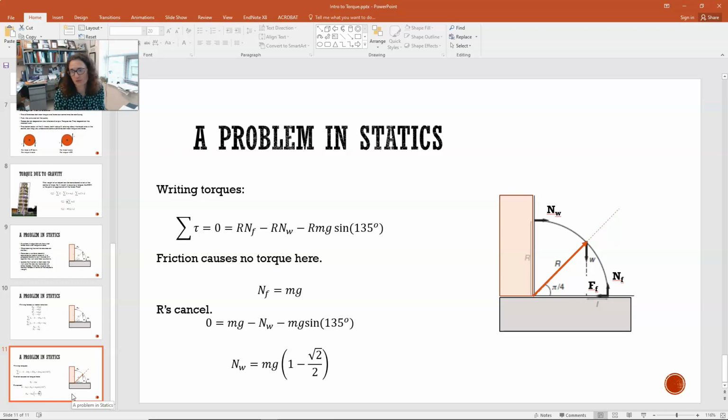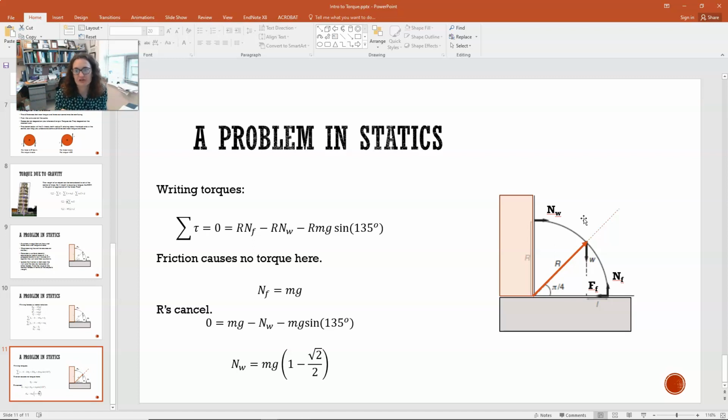Let's consider that the origin will be the intersection right here of the floor and the wall. So that's my origin. If I look at the normal force from the wall, and I do my vector cross product, then that means that the normal force from the wall is going to have a tendency to rotate the object clockwise. So that's a negative torque.